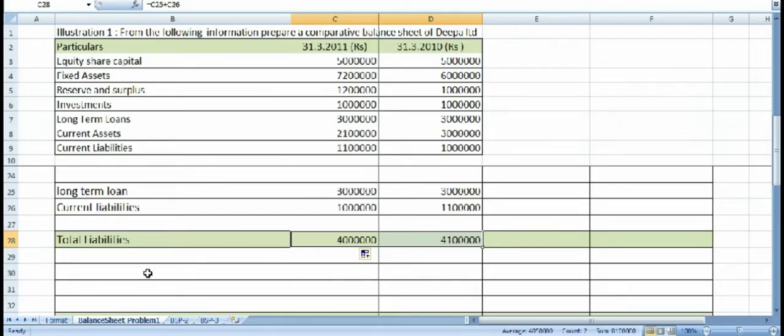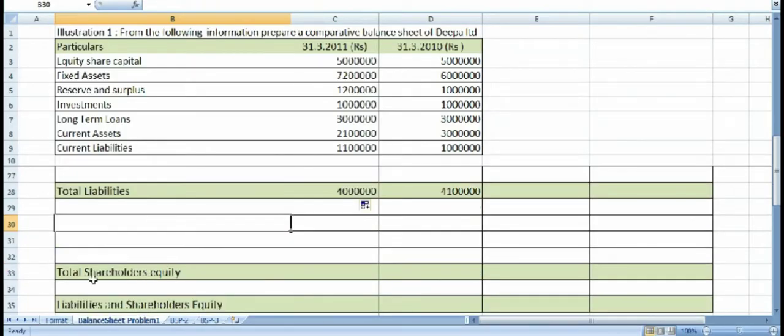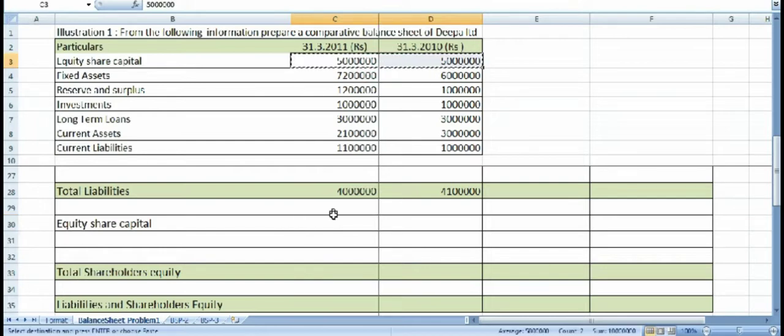Next I have to look at the problem to see whether shareholders' equity is mentioned. Shareholders' equity is mentioned in two things: one is equity share capital and another is reserves and surplus. So I am posting these two values here. Equity share capital is 50 lakhs for both years, so I am just copying 50 lakh here.